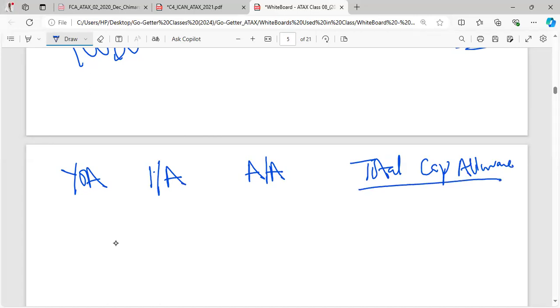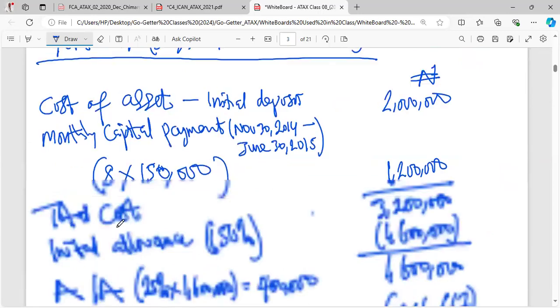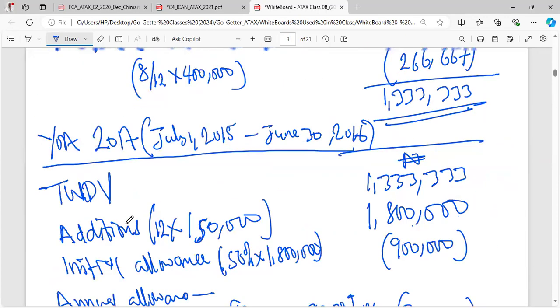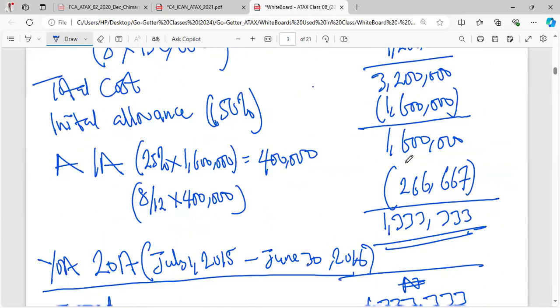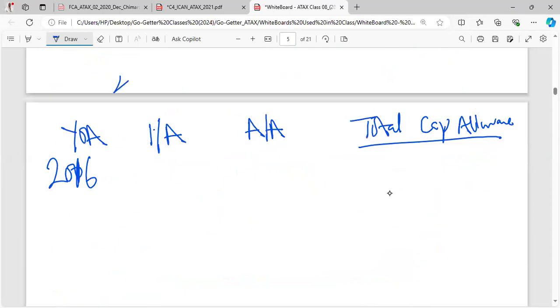So for the year of assessment, you will now bring your answers down, starting from 2016. Your initial allowance happened to be 1.6 million. Annual allowance is 266,667.